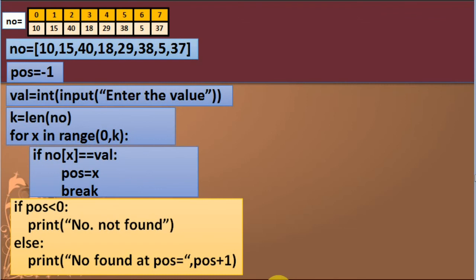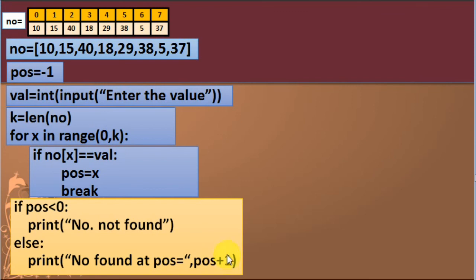So what is the last line? The last line is if pos is less than 0, means it is still negative, number not found, else print number found at position pos plus 1. Why have I done this?